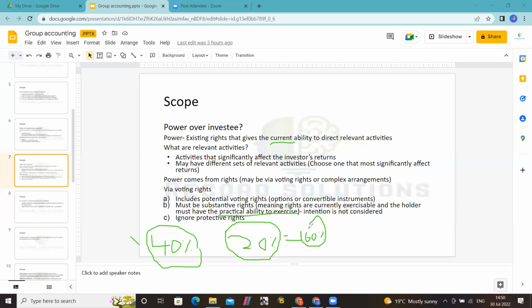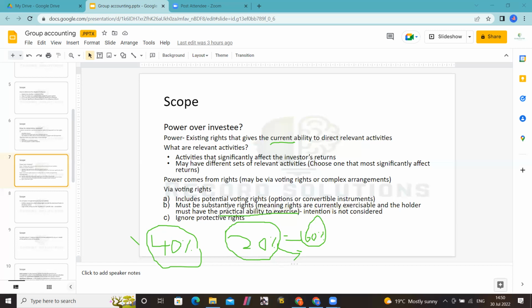However, as a company, you don't have enough resources to actually exercise these convertible instruments. You don't have enough cash or assets, or you can't issue instruments to them. So you don't have enough resources to purchase the 20% at this point.